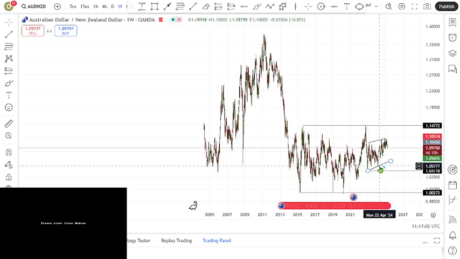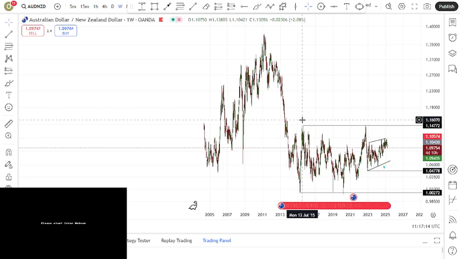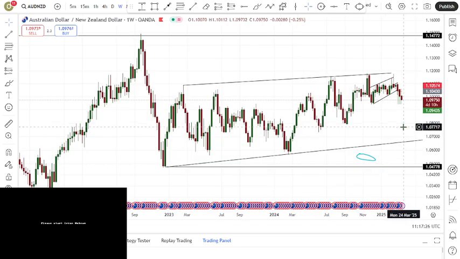Just impulse correction, flag pattern, bullish structures, bearish structures. It is simplistic. You have to be aware of where you are positioned in the market, the structure price is in right now, so that you can position yourself well.